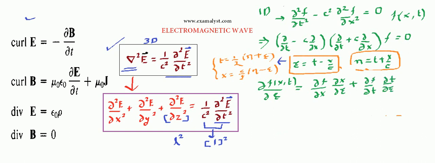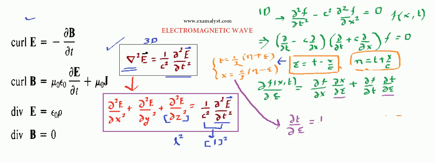Now to simplify this expression further, I need to find what is del x by del epsilon and del t by del epsilon. So let me use this. What happens when I do del t by del epsilon? You will get a value of half. Agreed?